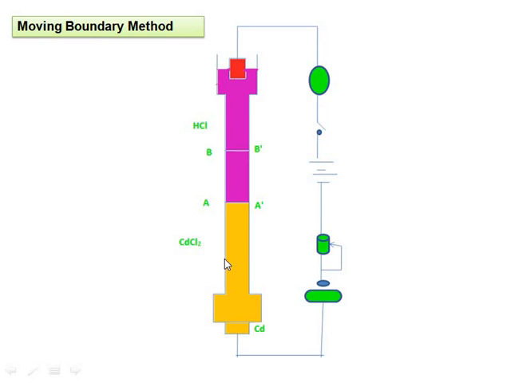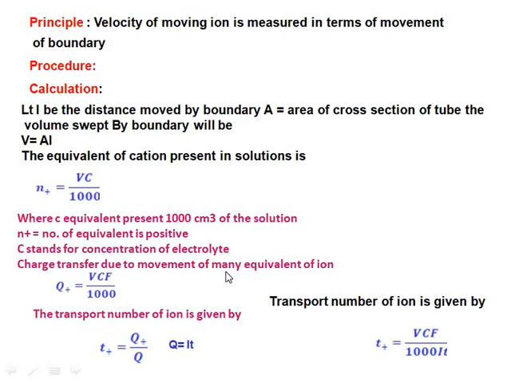This procedure is based on the principle that the velocity of a moving ion can be measured in terms of the movement of the boundary. The boundary is created between the two electrolyte solutions, and its movement is observed by passing current through the solutions.